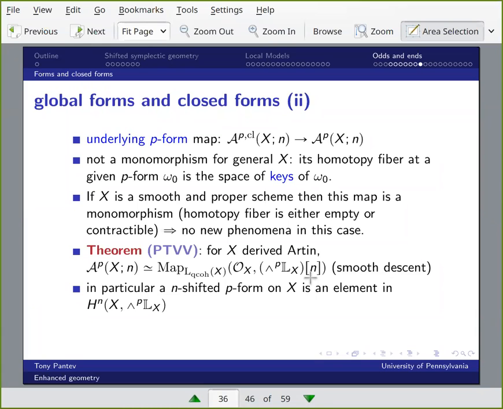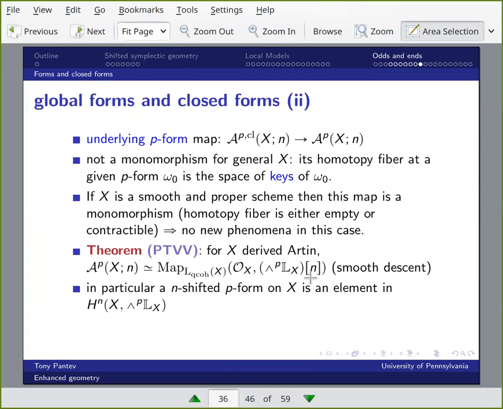The interesting thing is that if the scheme is proper, if you get a smooth manifold which is compact, then the keys are not there. The homotopy fiber, the complex of keys, the thing that closes the form, it's either empty or contractible. So for a smooth proper scheme, you don't really get any new information.